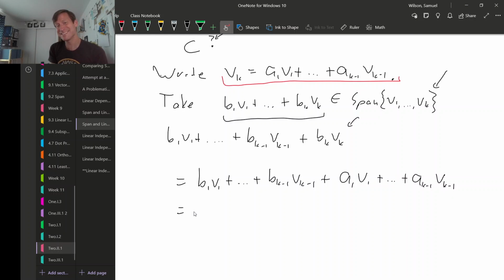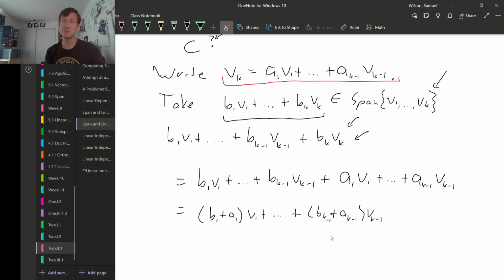And now we can essentially combine like terms. So this is (b1 plus a1) times v1 plus ... up through (b_{k-1} plus a_{k-1}) times v_{k-1}. So this linear combination of all of the v's is actually a linear combination just of v1 up through v_{k-1}.